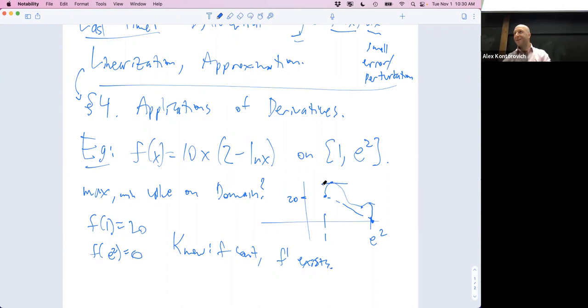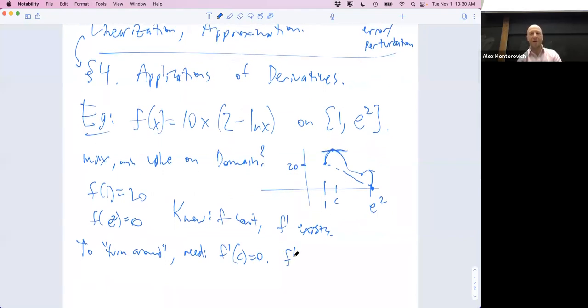For the function to turn around, because it's differentiable, it would have to happen when the derivative is 0. So to turn around, we need f prime of c equals 0 at some point c. Let's see if we can find such a point.